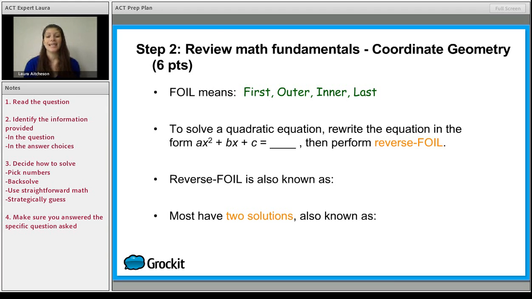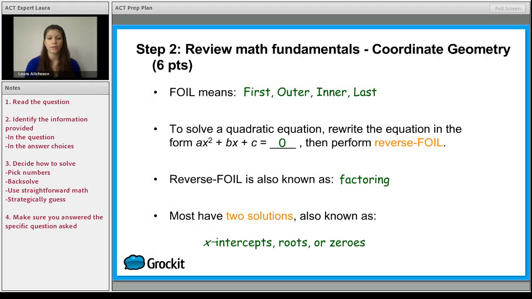Most of them have two solutions, especially on the ACT, and those are considered x-intercepts, roots, or zeros. You can call them any of the following, and you'll be able to follow along on test day. For classic quadratics, knowing that x squared minus y squared actually originally looked like x plus y times x minus y is helpful because that's a difference of squares.